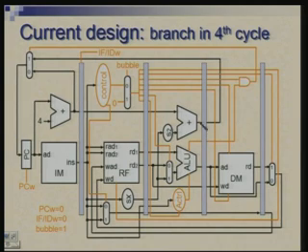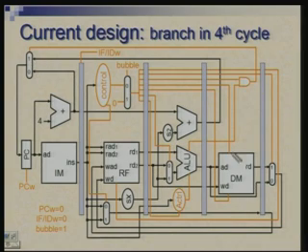But what is happening in this data path is that we are looking at the target address after this register, and we are also looking at the condition which is tested by the ALU after this register. That means it is in the memory stage only that we are looking at this outcome of the branch, and here the control signal is being generated for feeding to this multiplexer.